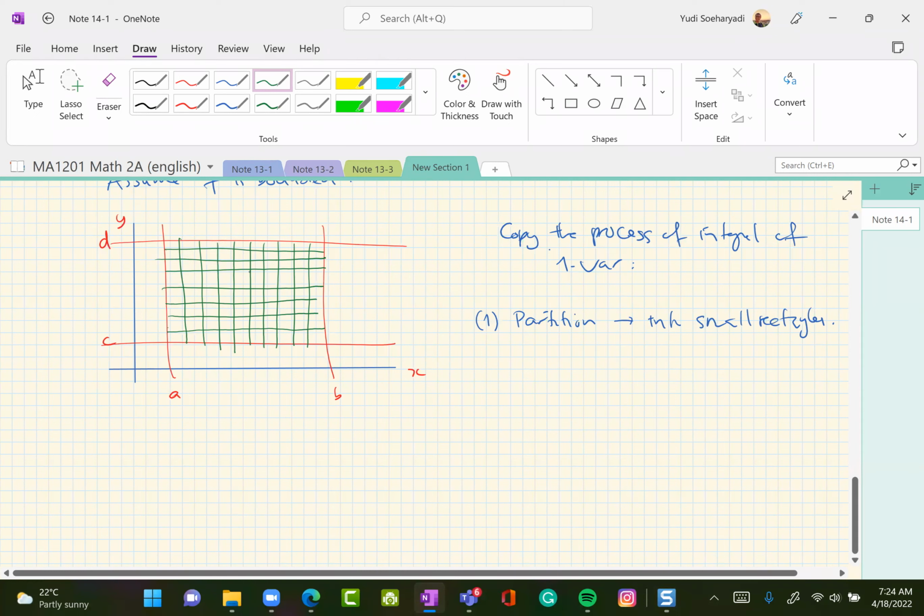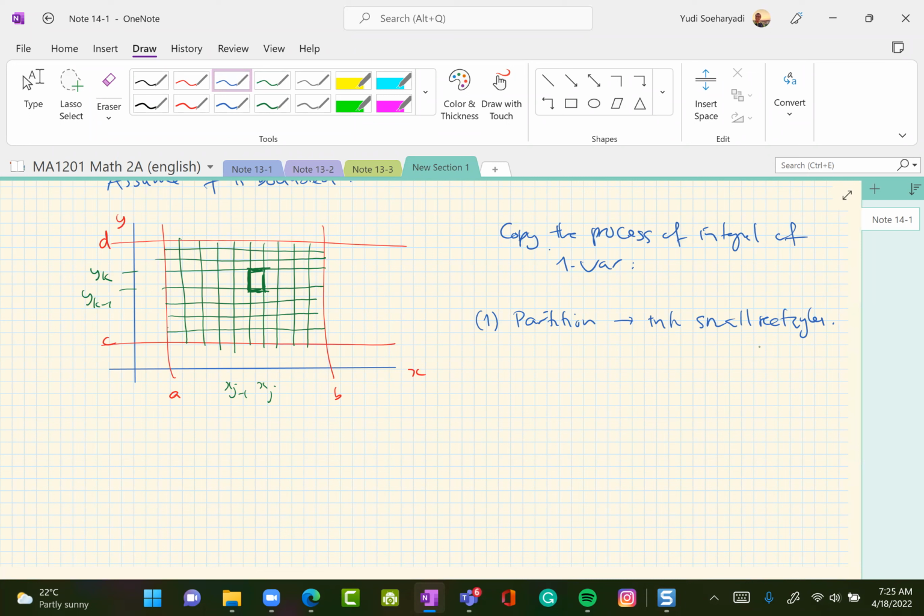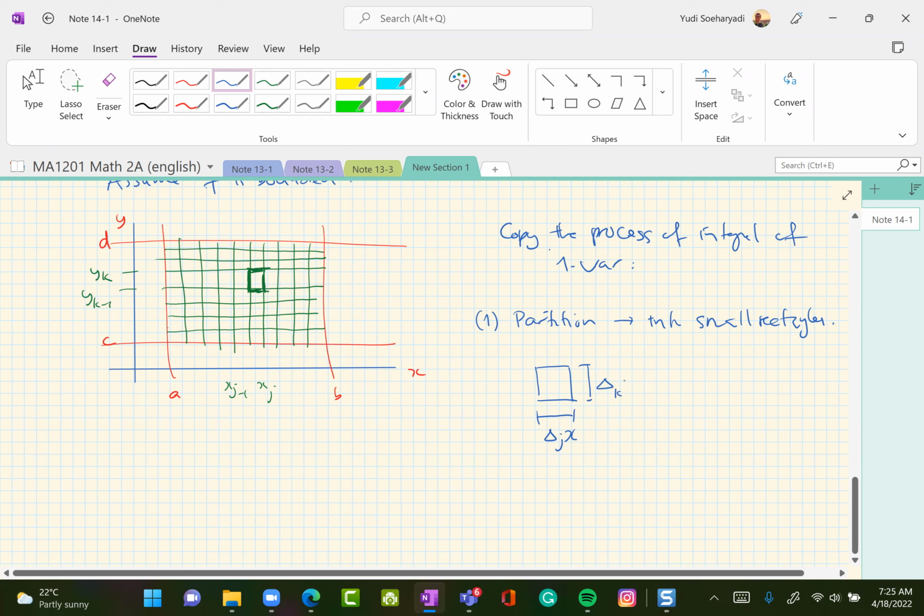So for example, this is our sample rectangle there. So here we have xj minus 1, xj. This is what we have, yk minus 1, yk. Okay, so small rectangles. So this rectangle here, this is delta jx. This is delta ky.